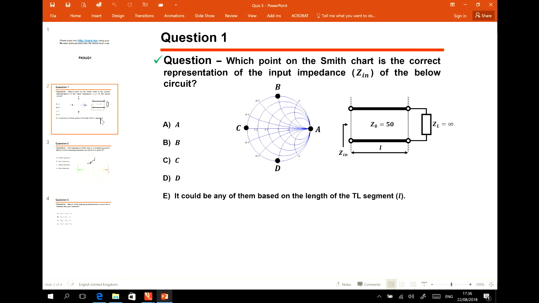So we have a load, and this load has an impedance of infinity, so it's open circuit, and then we have a transmission line with the length of L. So what's the point of this circuit? I mean, what's the representation of this circuit on the Smith chart? What's the Z in?